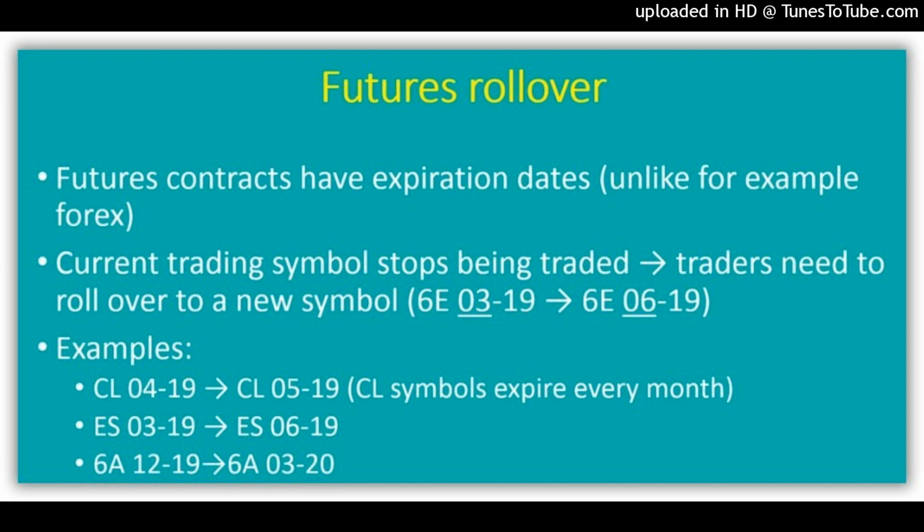Right now it's April, so I need to be using another symbol. So I click Edit. And as you can see, it already tells me to use this expire date. So the only thing I need to do is click OK. And as you can see, the 6E changed from 0319 to 0619.